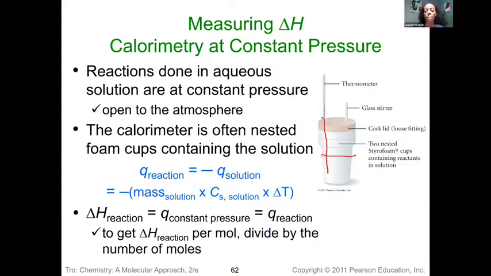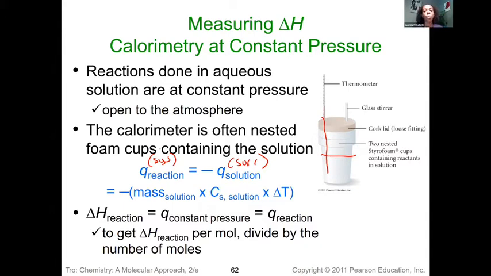If we know what's happening to the solution, which in this case represents our surroundings, we can then infer what's happening in the reaction. The reaction would be equal but opposite to the surroundings. Much like before, we would calculate one and then make the other opposite, and then we can infer information further down. The big difference is how we solve for the heat of the surroundings, in this case the solution.